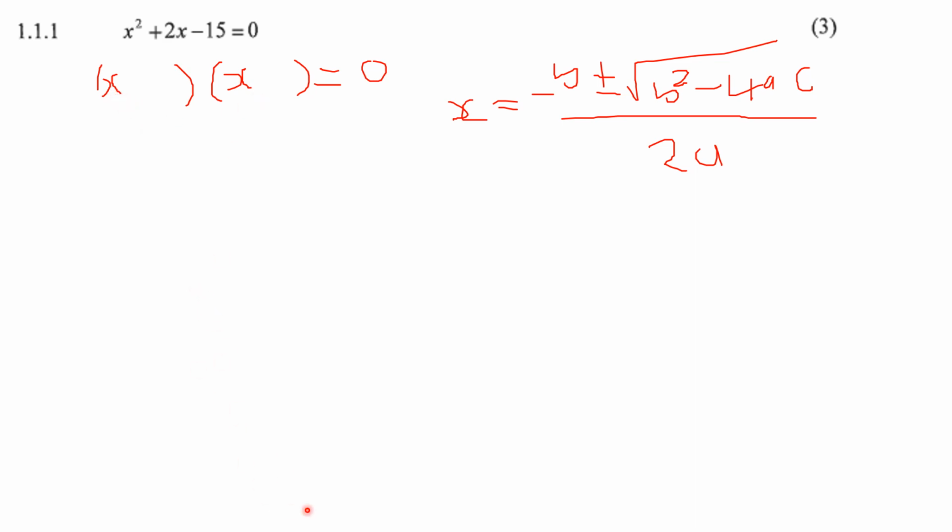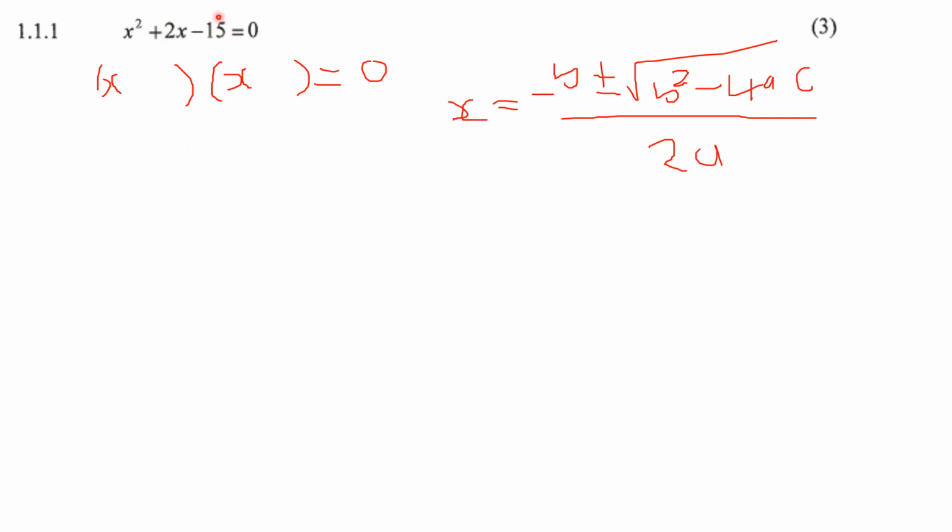And then the second step, you will have to check the factors of 15, because this last sign here is negative. You will check the factors of 15 that when you subtract them, they will give you the coefficient of x, the term that is at the middle.